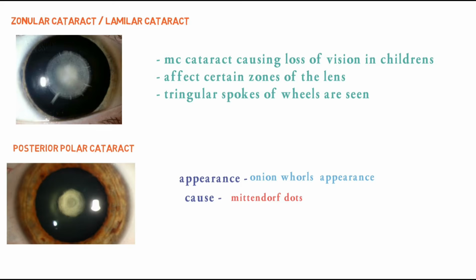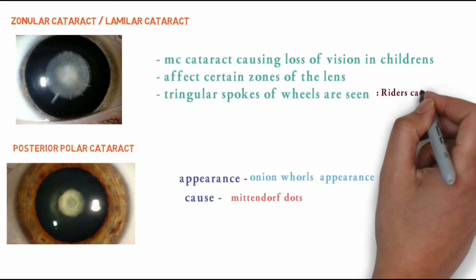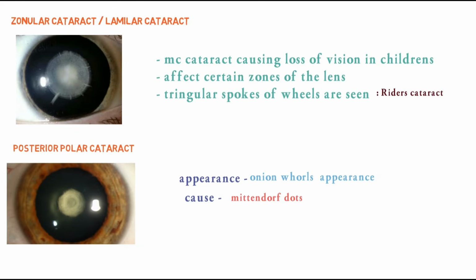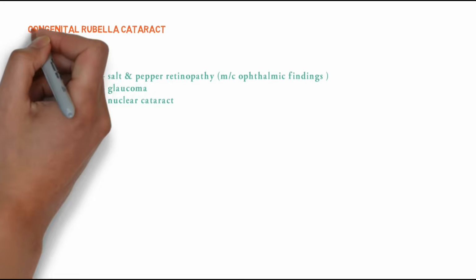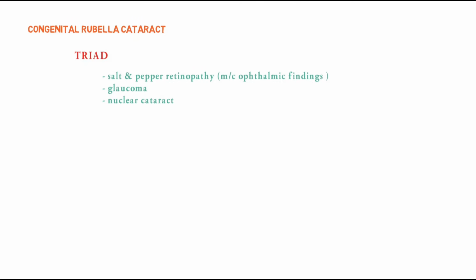Due to the spoke-like pattern, it is also called rider's cataract. Then we discussed posterior polar cataract, and after that blue dot cataract, in which there is no loss of vision. Then we discussed coralliform cataract. There is also no profound loss of vision, and after that we covered the triad of congenital rubella cataract.